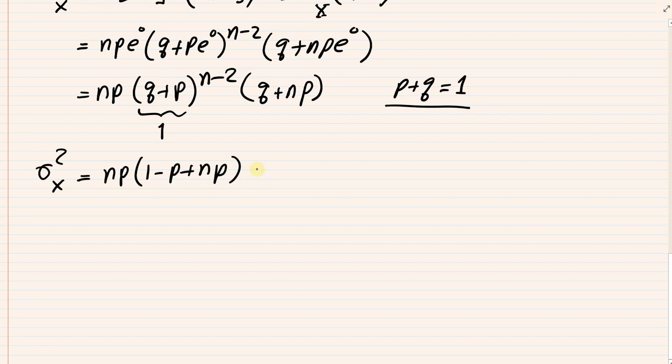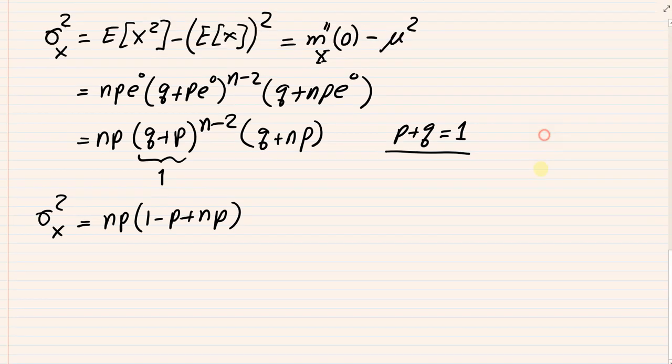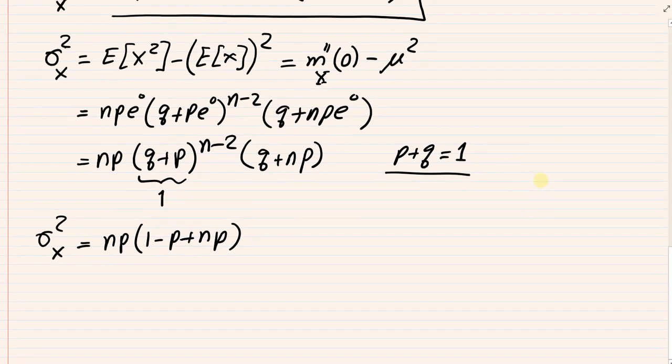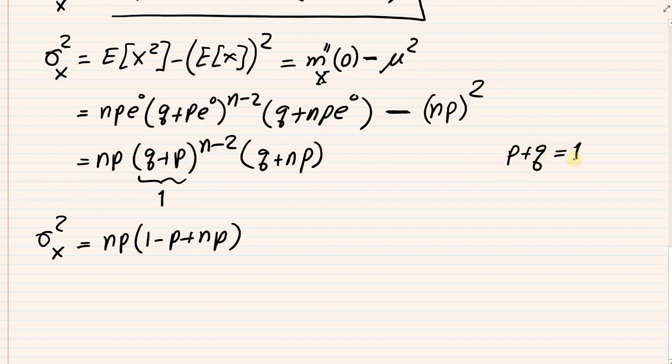But that's just expected value of x squared. Okay, I need to do minus. That's minus np squared. Let me move that aside. So I have minus np quantity squared. There. I went ahead and attached the square of the expectation.